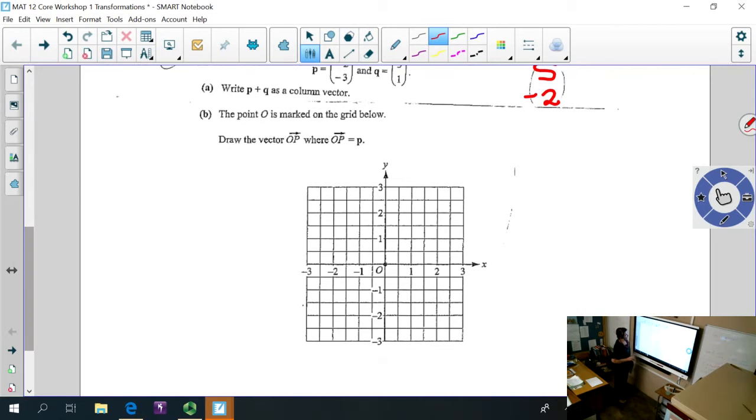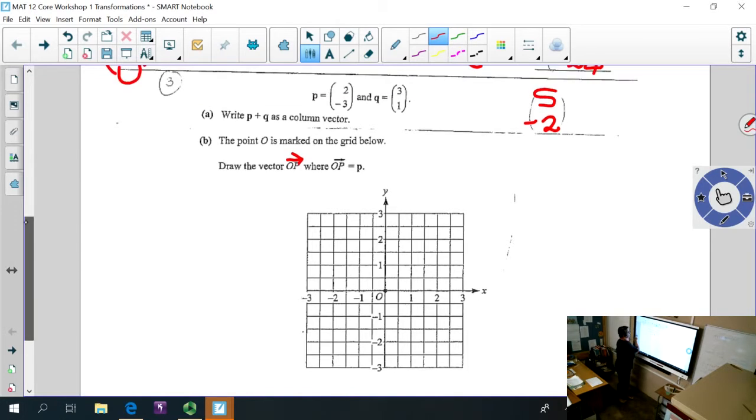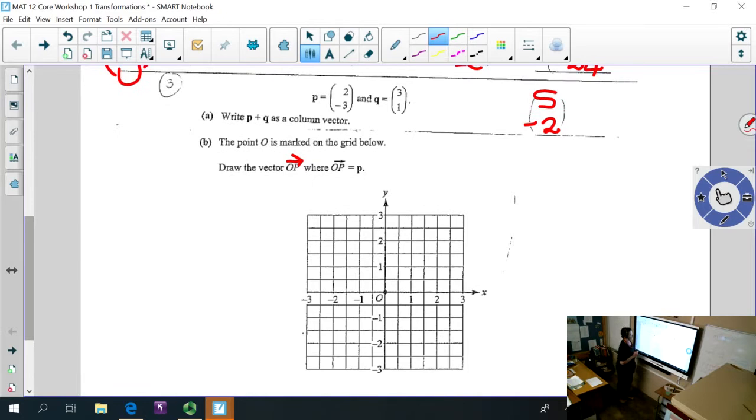The point O is marked on the grid below. Draw the vector OP. Now look at this one. There is a direction from O to P, where OP is P. Now the column vector P was 2, -3. So we start now here at the origin. +2, remember what we said, it looks like this. If you go to the right, it's positive. If you go to the left, it's negative. If you go up, it's positive.